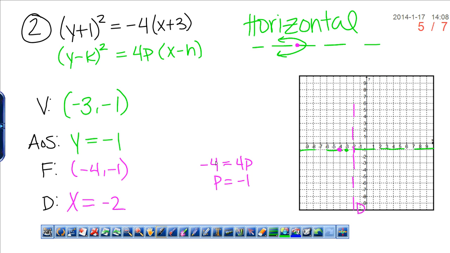Okay, we use the absolute value, so 4, right? Which means from your focus, the width has to be 4, so we're going to go up 2 and down 2. Okay?